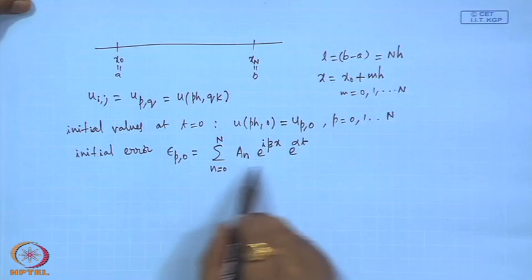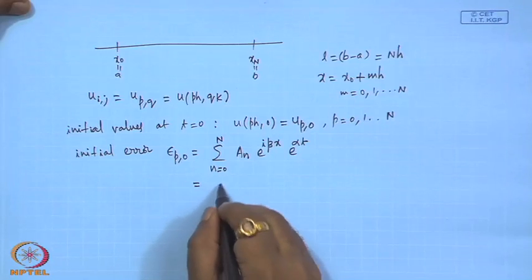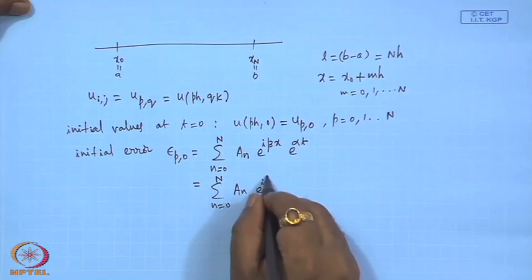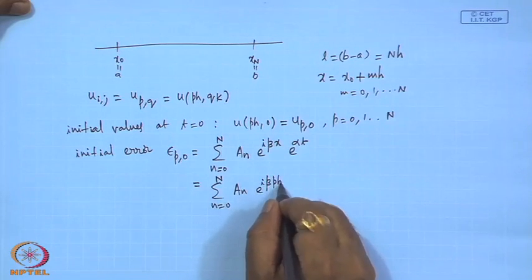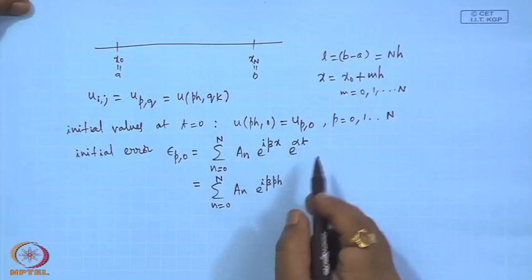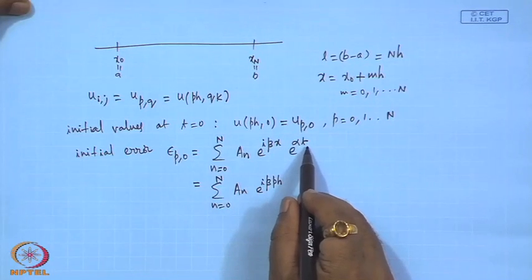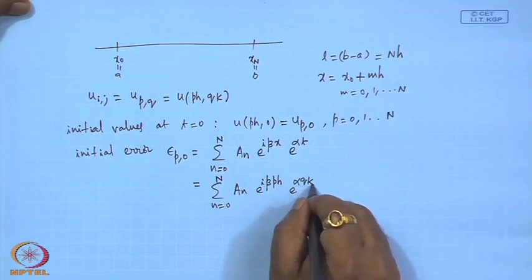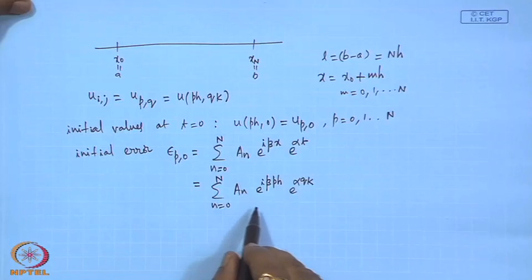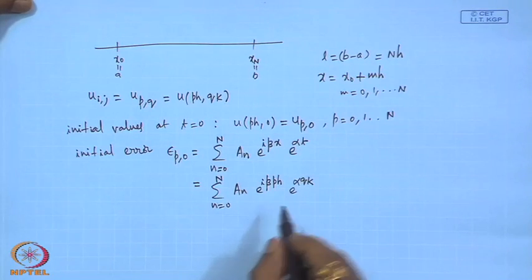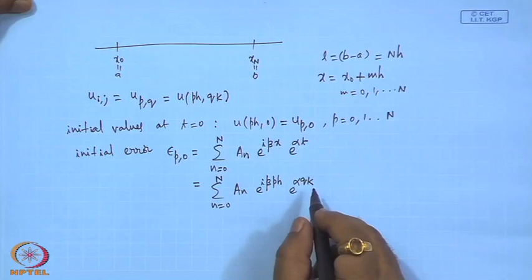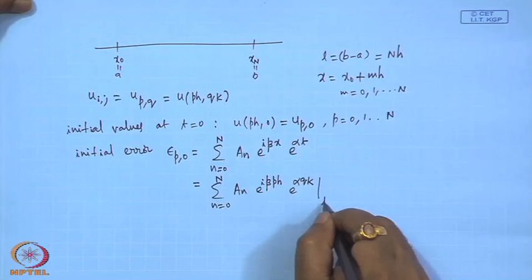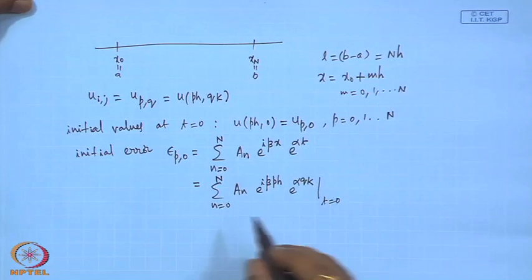Okay. So, this is a Fourier series expansion. However, in this case it is I beta p h, but at any x p and t q, so this will be e power alpha q k. So, this is our initial error. Okay. When we have expanded this, it should be restricted at t equals 0. So, this is a general expansion.